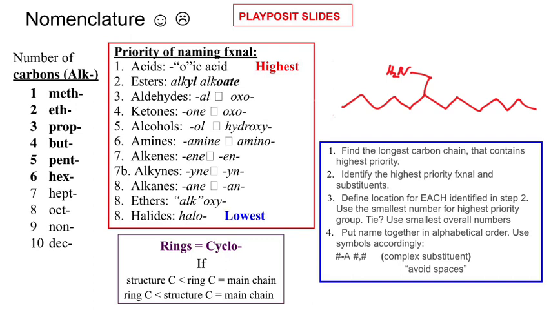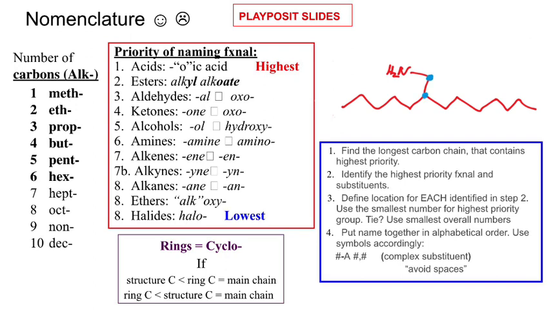If that's a substituent, because we've spent the time to memorize all of our functional groups, we know that functional group is the... Come on, you had like 5 minutes to memorize all those on the previous slide. That's an amine, so we'd go to our list and see there's our amine. Amines are higher in priority than our alkanes, which means the longest carbon chain must include the amine as part of it.